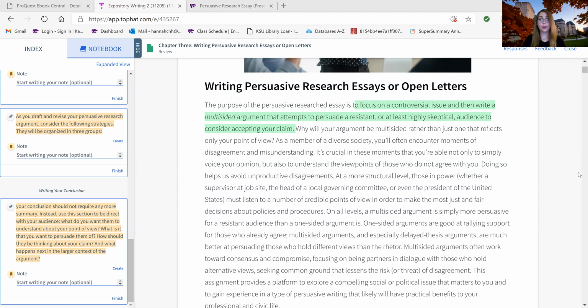And you are going to demonstrate within your essay that you acknowledge their beliefs, you understand their beliefs, and through that common ground, you are then going to transition over to promoting your own stance and attempt to persuade them.